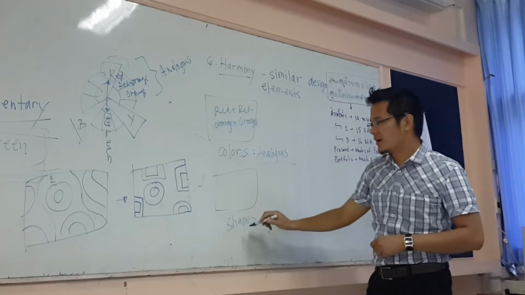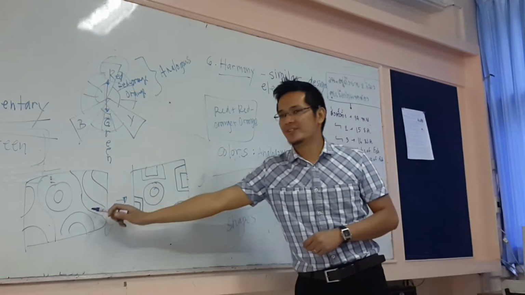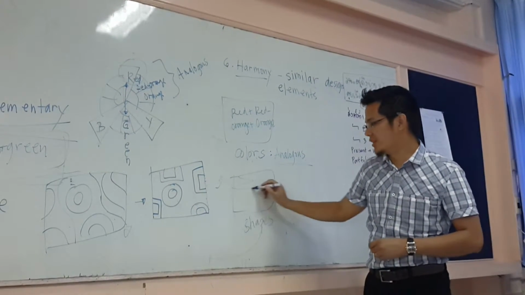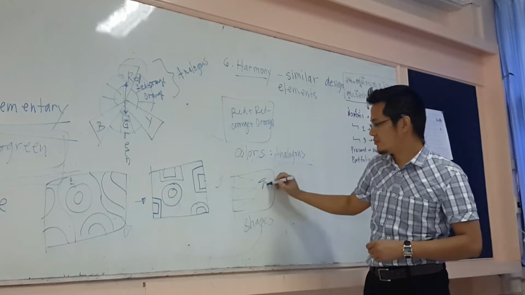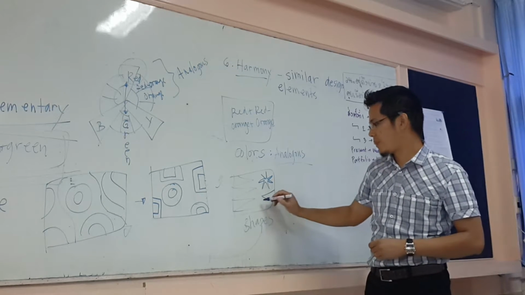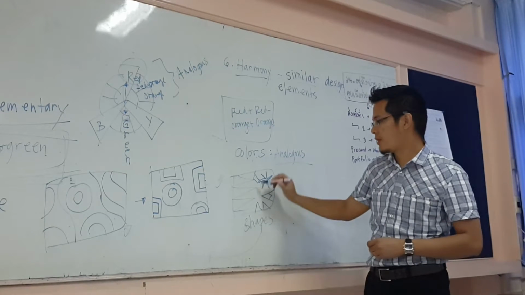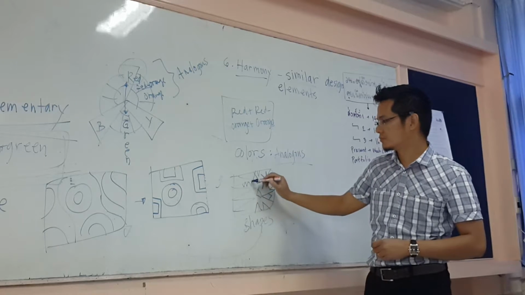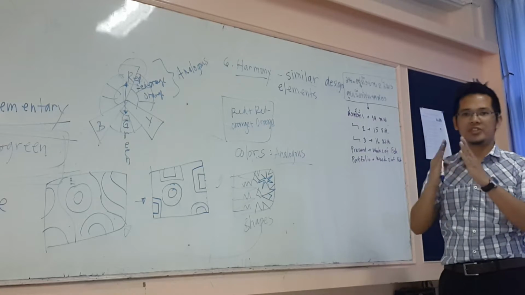shapes. So let's go back to that picture. This picture shows harmony. So when we use similar shapes, for example, I'm going to use sharp cornered shapes. In this picture, I use a lot of sharp shapes.